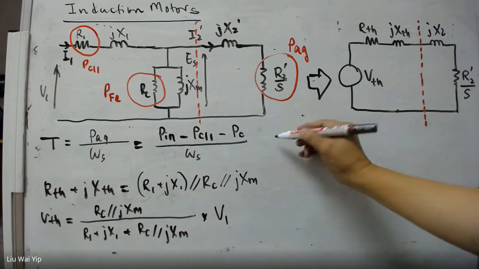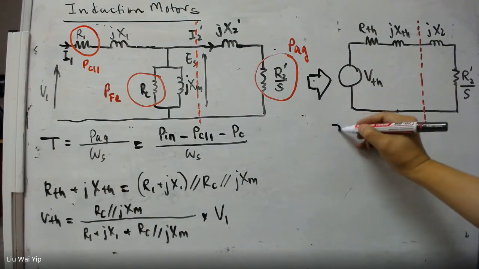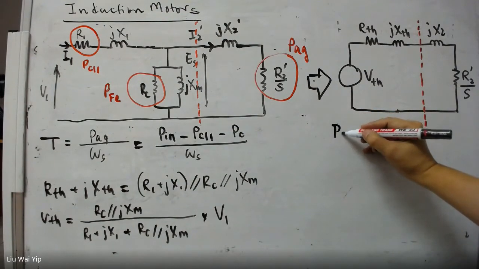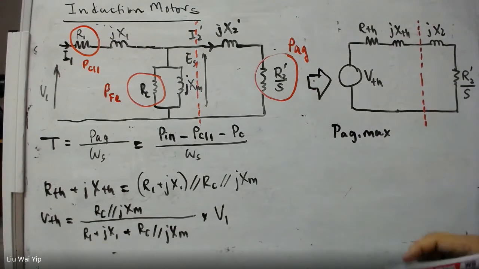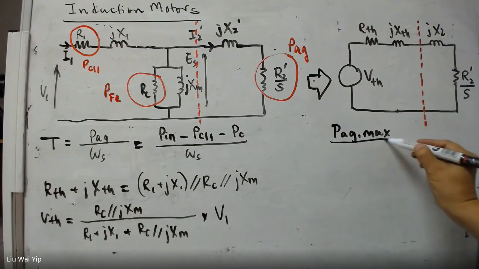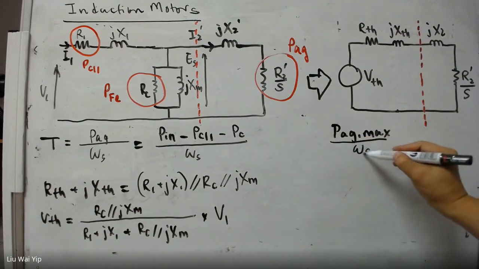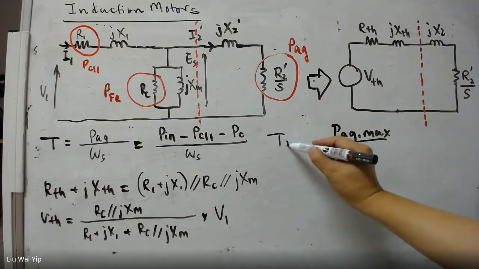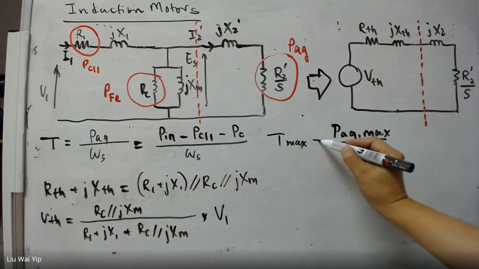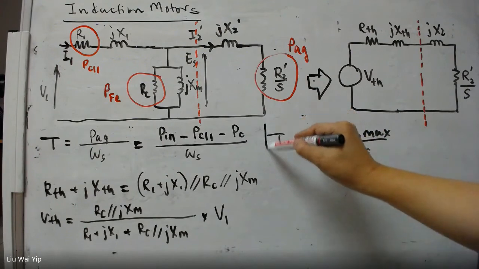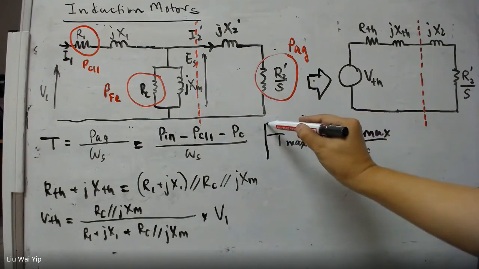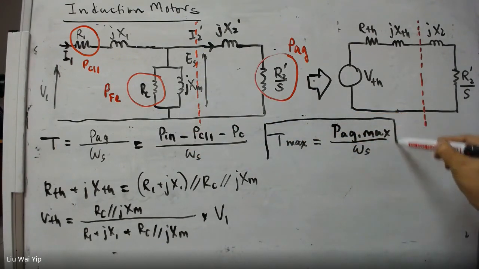If the air gap power is maximum, then we know that the torque is going to be maximum as well. So this is a very important conclusion based on what we have observed here.